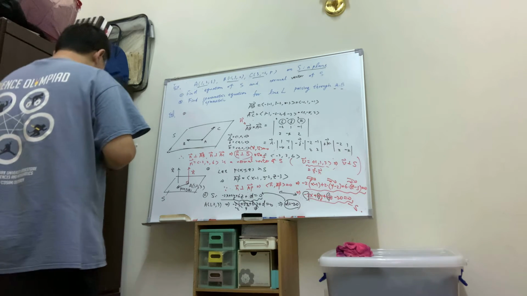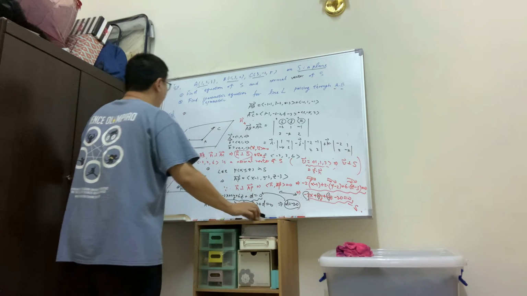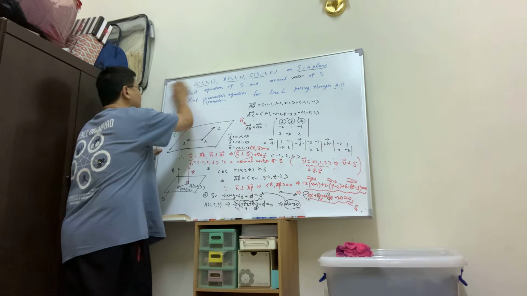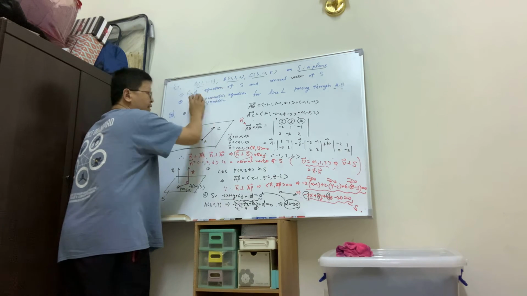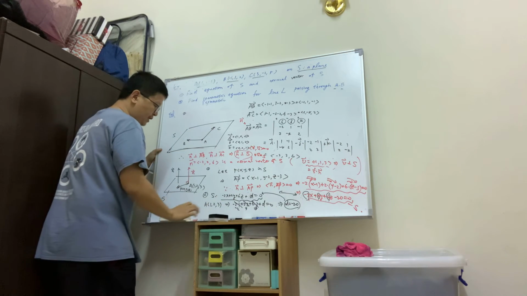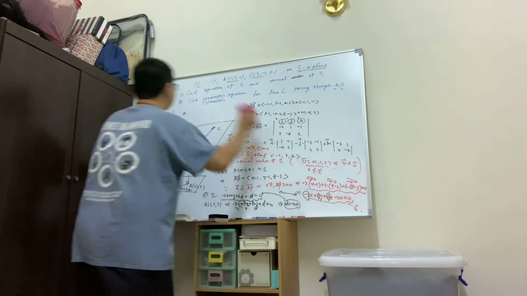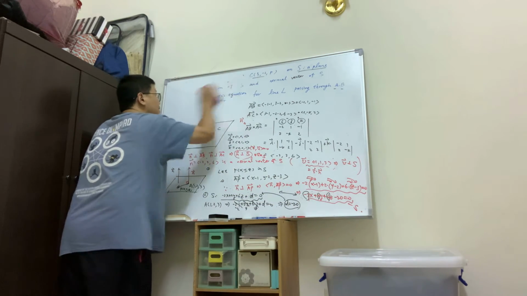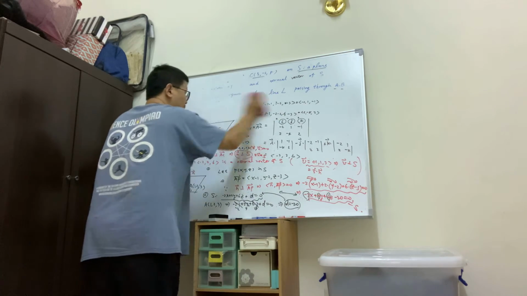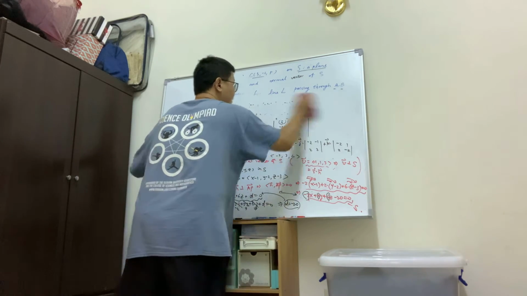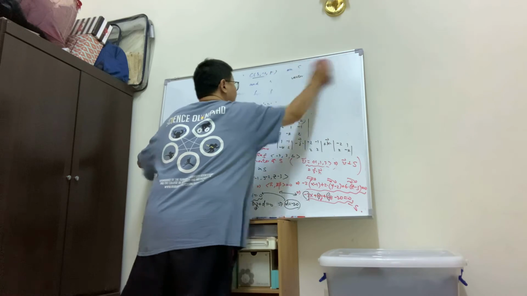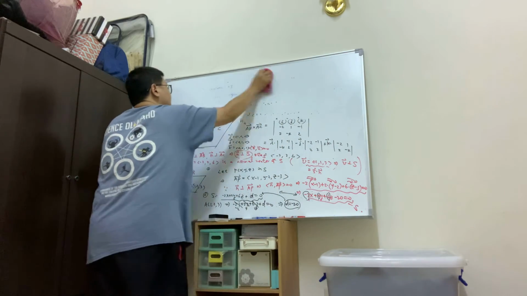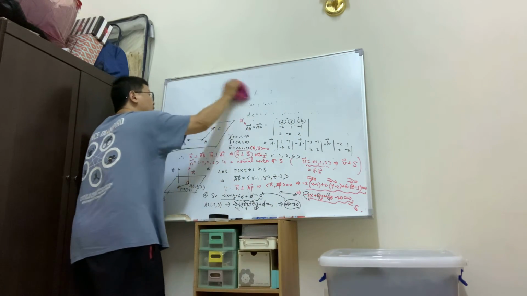Okay, so that's the first question, a question in chapter 10. And now let's see the question in section 11.1. The question in section 11.1 is actually not a difficult one.